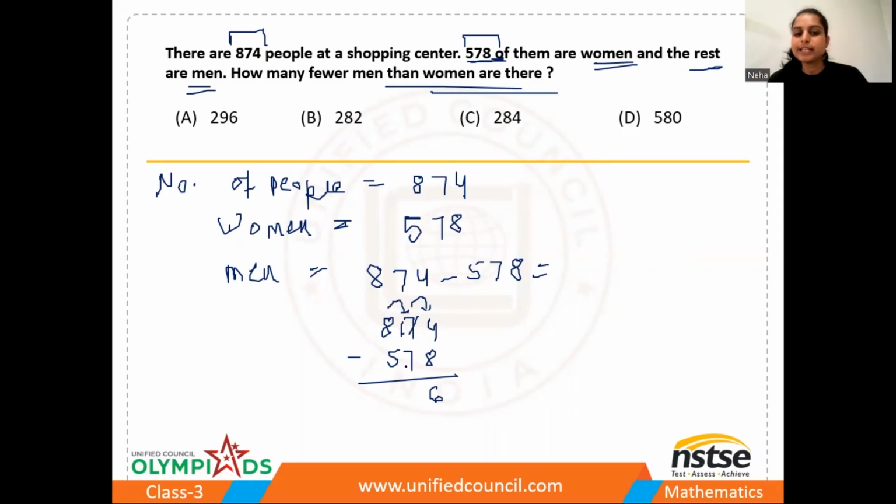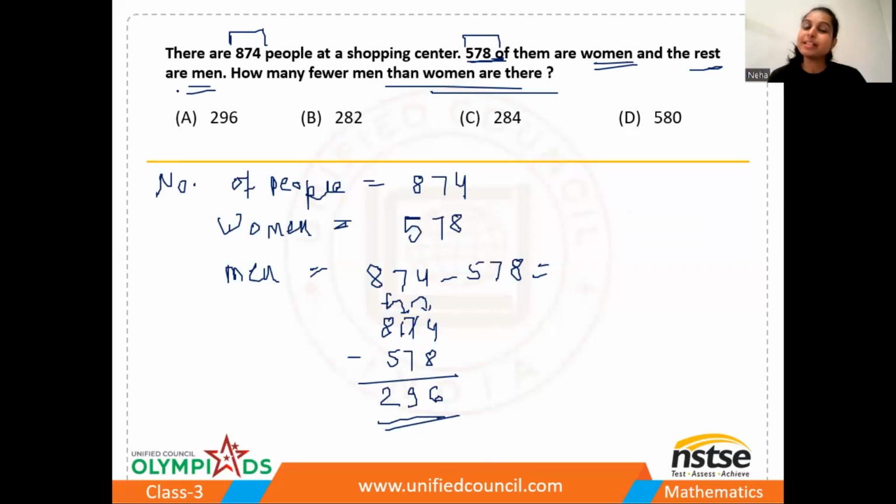This becomes 16. So 16 minus 7 is 9. Again, it will give the carry back. So this becomes 7, and this is 6. That means this is 296. So how many male members are there? 296. Now, this is not your answer. Yes, option A is the same, but this is not your answer, my dear student.